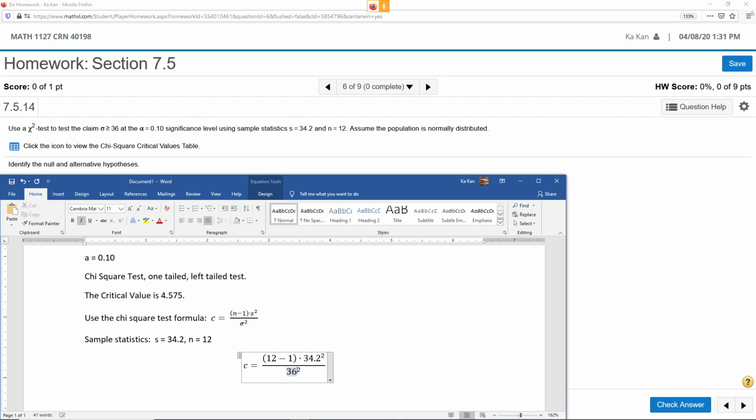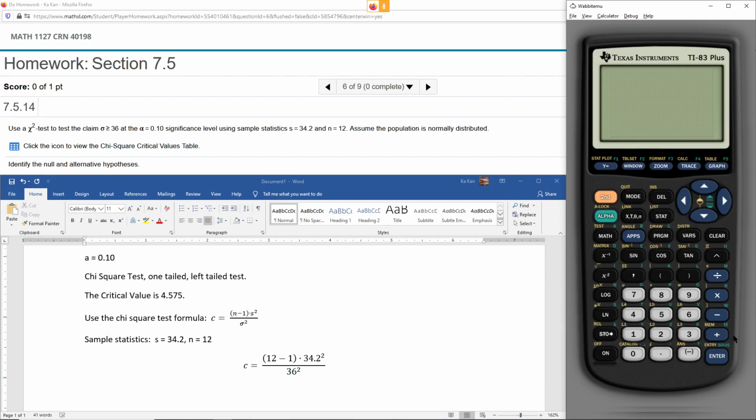Just put this on the calculator. That's when the calculator becomes handy. All you gotta do is put in 12 minus 1, which is 11 here, times 34.2 squared, and then divided by 36 squared. Enter. And I got 9.9275.